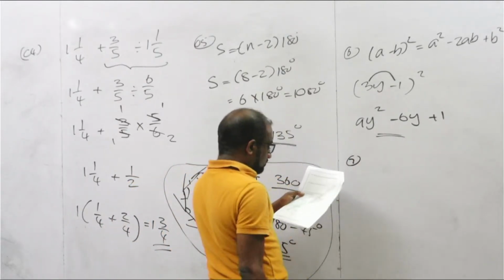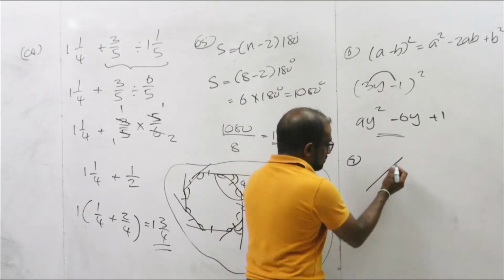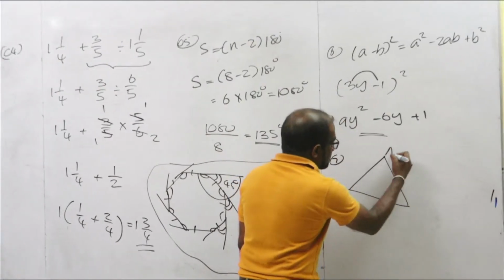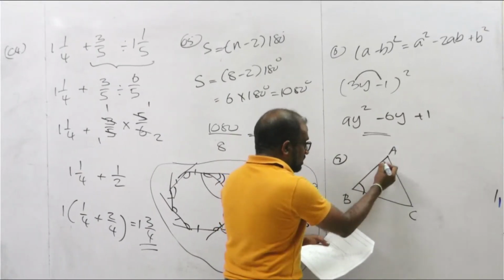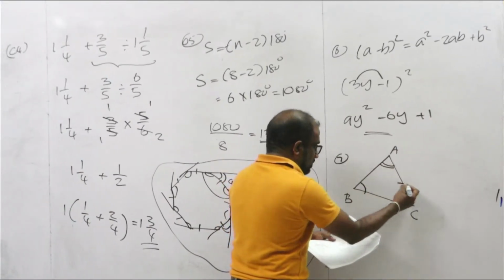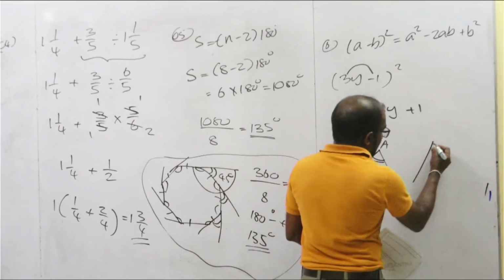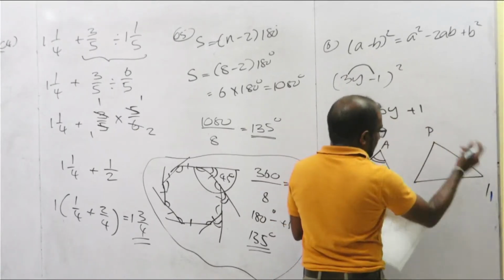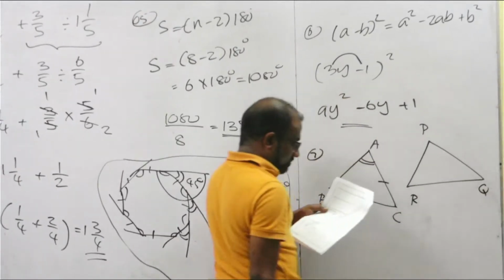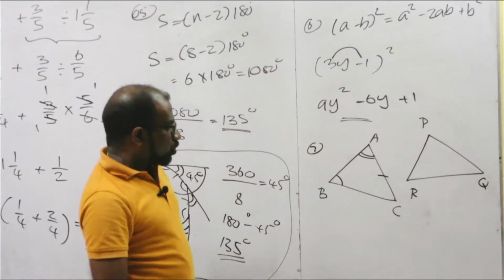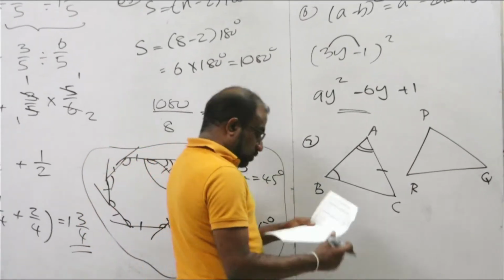Question number 7. Two triangles ABC and PQR. Two angles are equal, right?